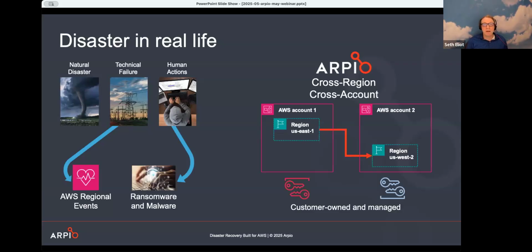They have your credentials. They did their bad stuff. If you're going to be able to recover, you need to recover in a bunker account or a clean room environment, which is an account with different credentials. You can see the keys are different colors, that the attacker doesn't have access to, and bring everything back up. RPO enables both cross-region and cross-account. You could do either or both with RPO.